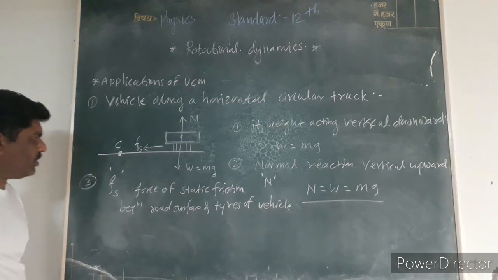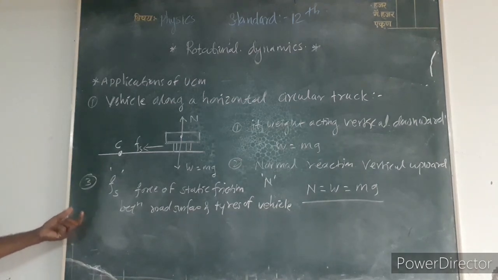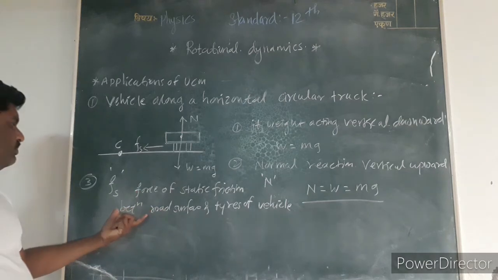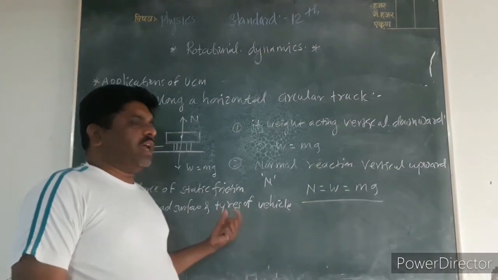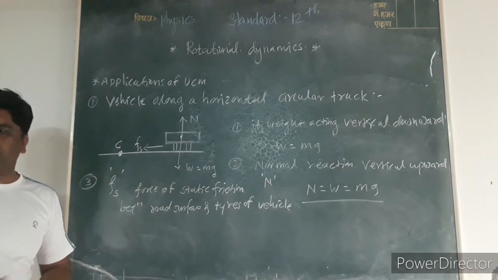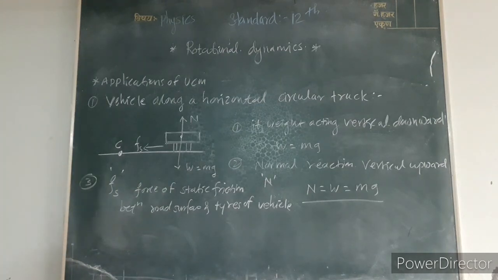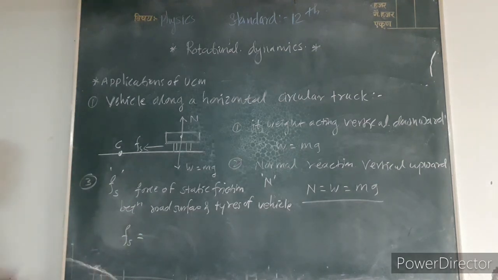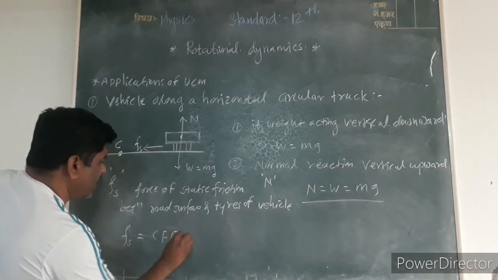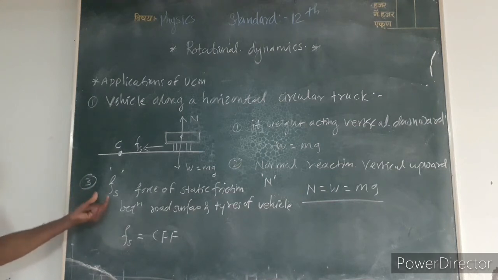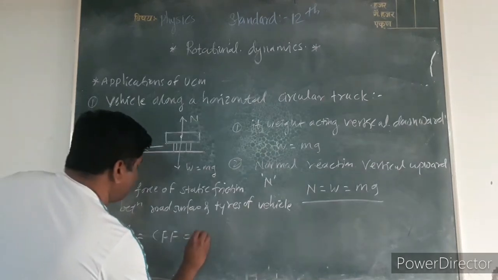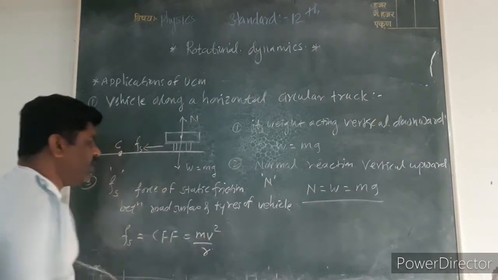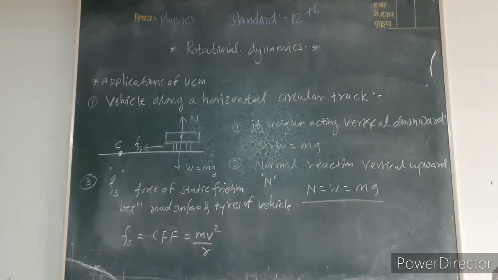The magnitude of this force of friction acts as the centripetal force, so it is exactly equal to the centripetal force, which is mv square upon r.